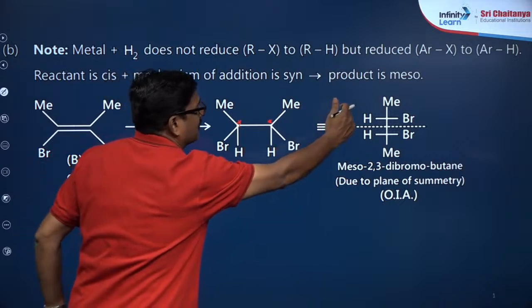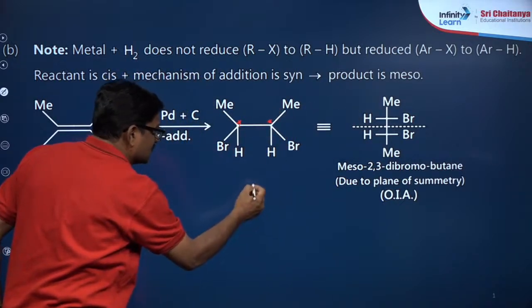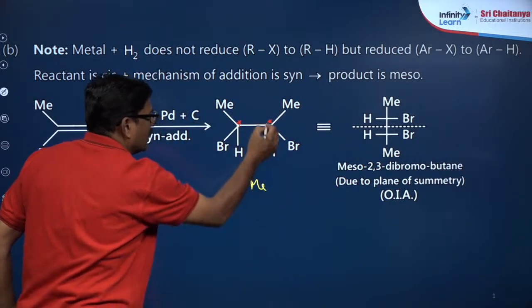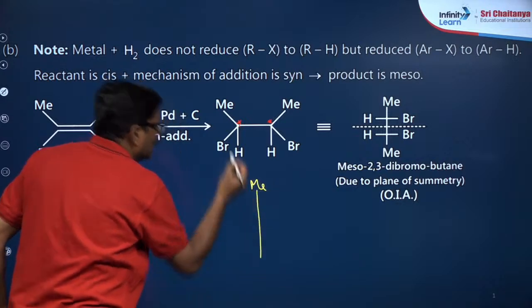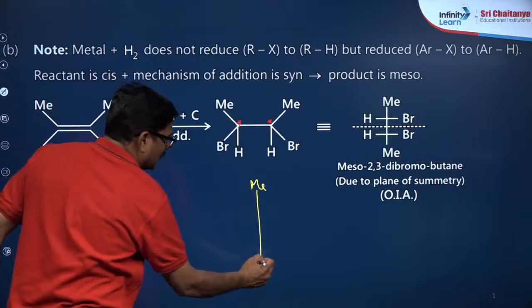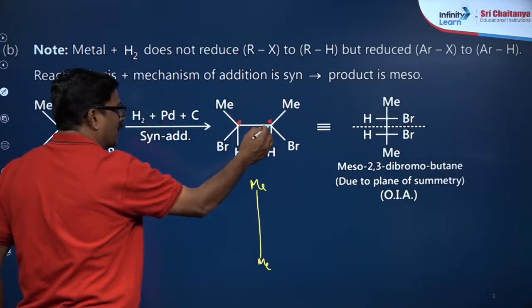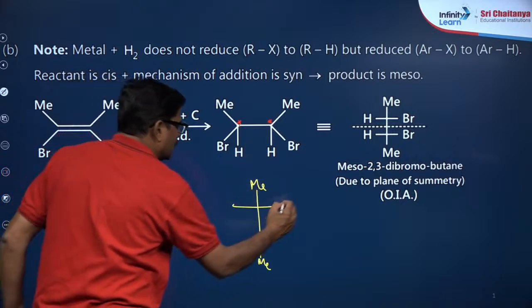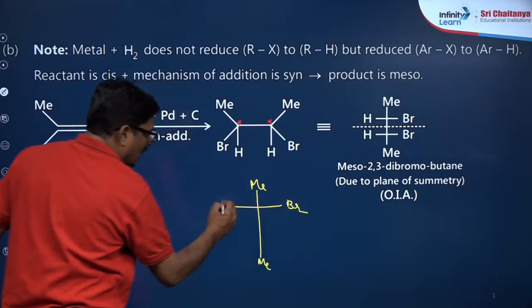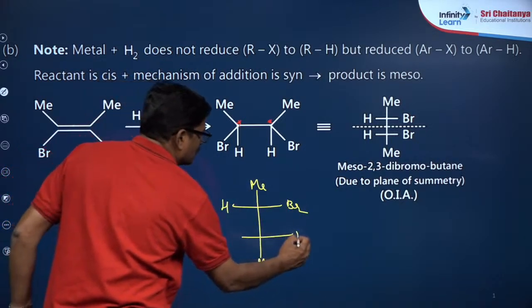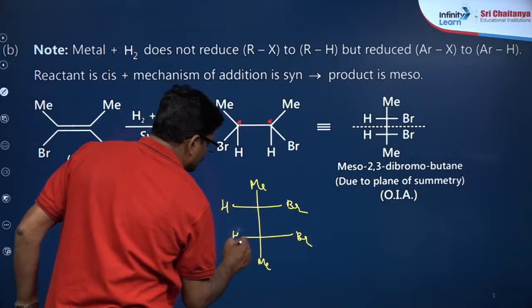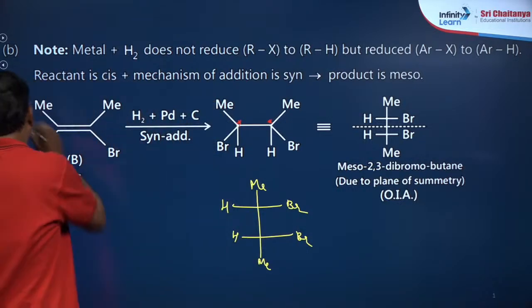So instead of writing like that, I just want to write like this: methyl group, a carbon, and this is a methyl group. The bromine and hydrogen come like this, and also like this. Because hydrogen is added from one side, it is shown like this.